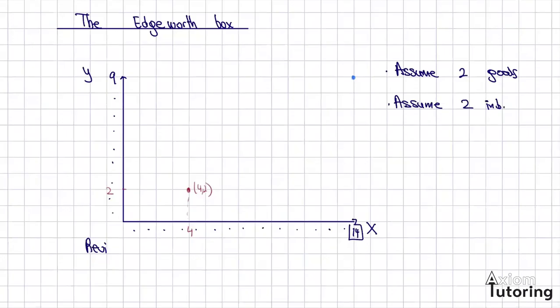Once that's the case, the Edgeworth box emerges, because that single point of mine also tells you precisely the allocation of resources of the other individual. In this particular case, I could draw a different color for the other individual, let's say orange. Let's say here could be Ben.